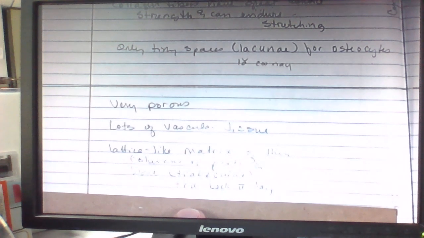Trabeculae are the plates of bone in spongy bone. So, a lattice-like matrix of thin columns or plates of bone: trabeculae.